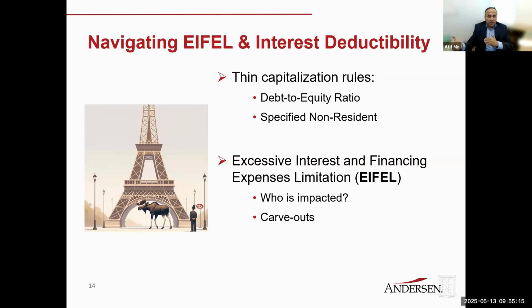Now, if your tax year end is December 30th and you have to file in June, you still have time to do the analysis and make that election. But if you've already filed the return, and the return was due March 31st, 2025, then the election will be late.